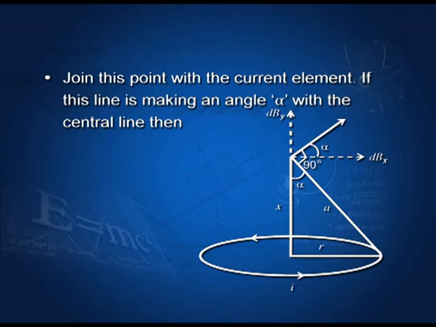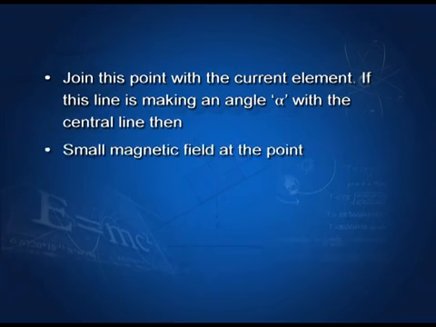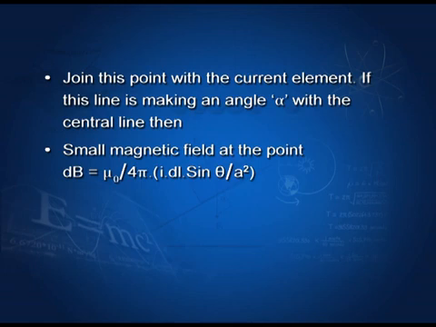If this line is making an angle α and its length is a, then the small magnetic field at the point, dB, will be equal to μ₀/4π × I dl sinθ / a².